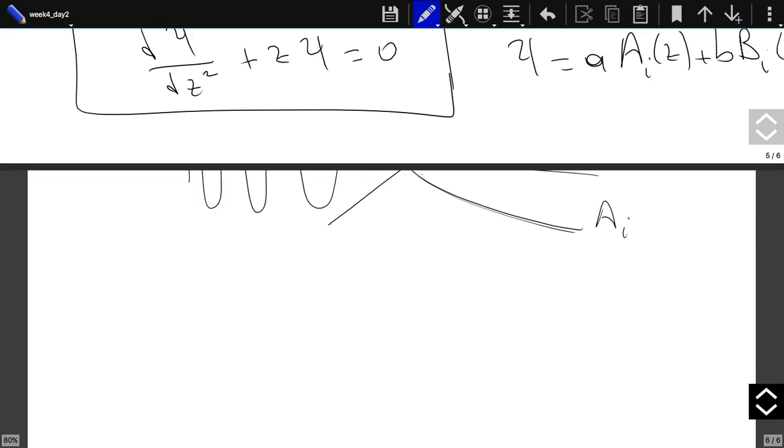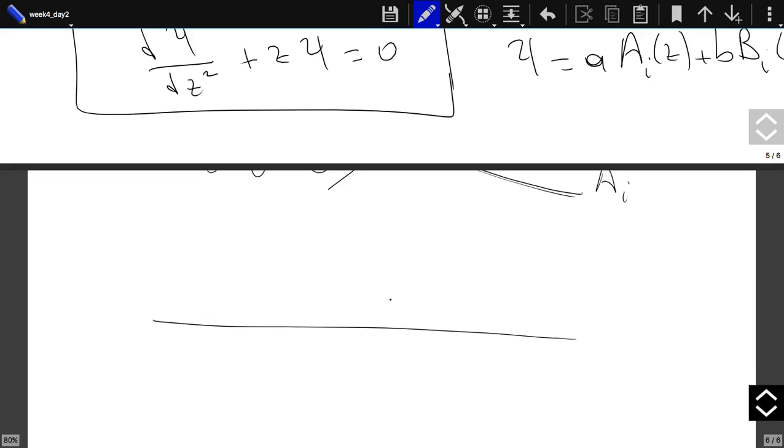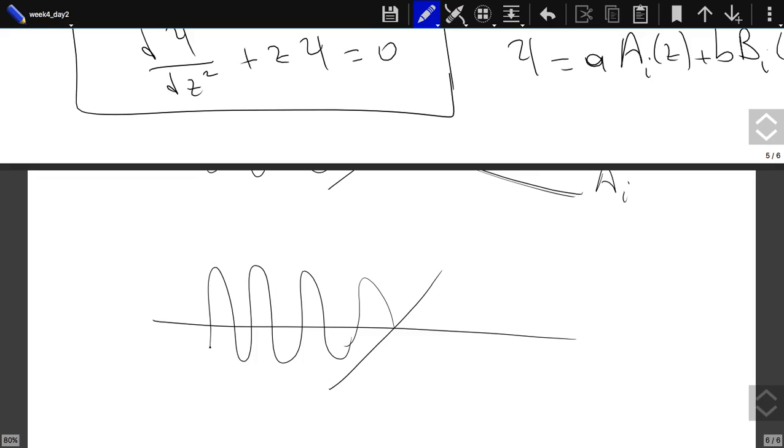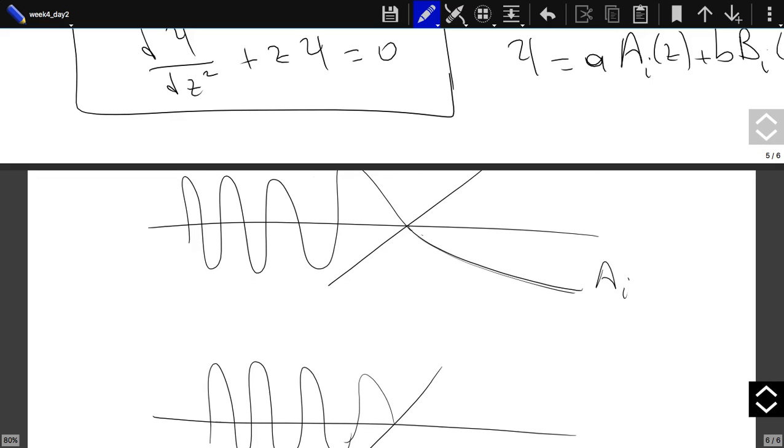Now, Bi, it's also similar, but that's not the unphysical solution. It is still oscillatory in this range. Well, because if you see z is less than 0. Now, if z is positive, you see this is positive z.